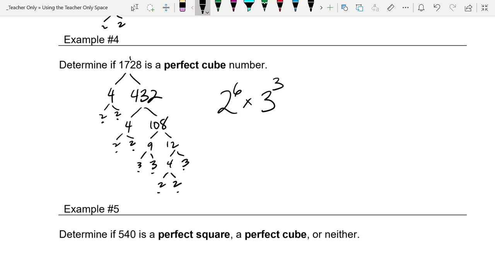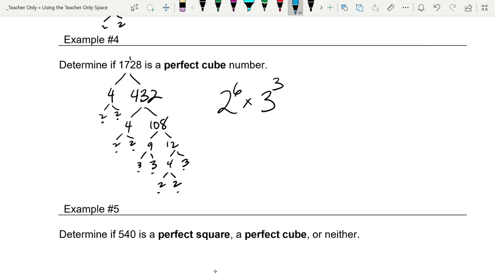So I ask you, have I got a perfect cube here, yes or no? And then logically, can you tell me why you think so? What are you thinking? There you go. You're probably thinking, well, yeah, I got a cube.